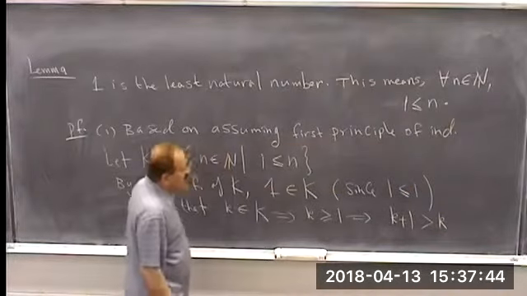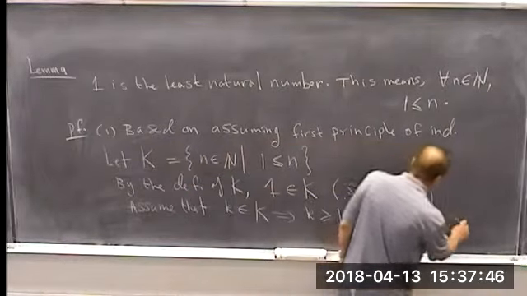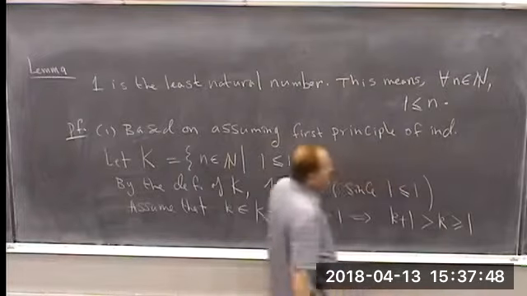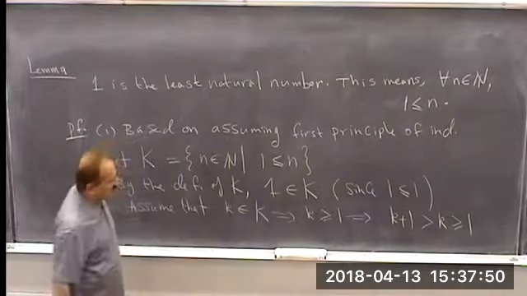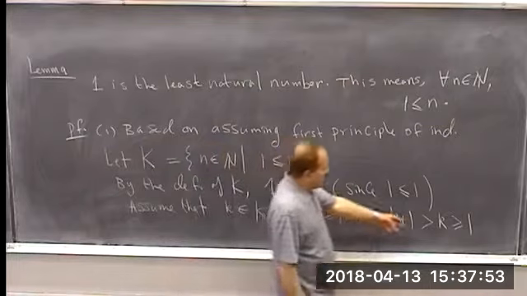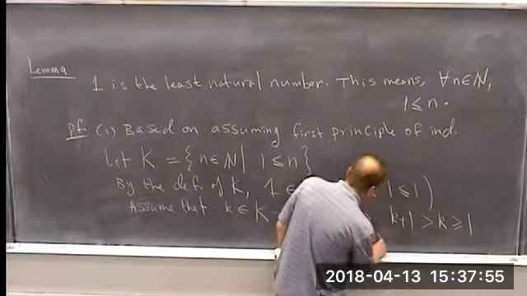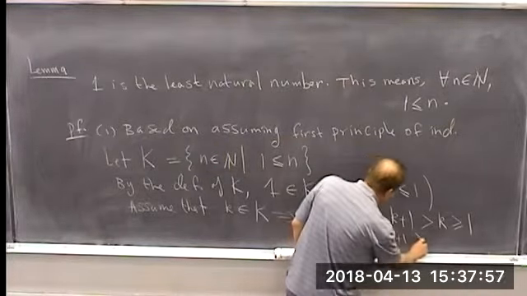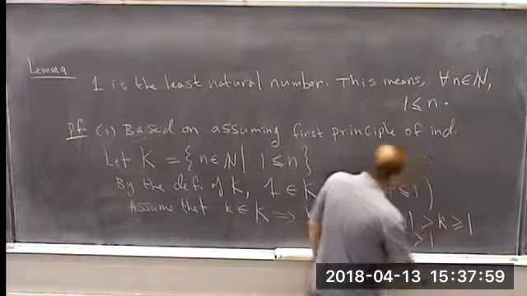All right? And k itself is bigger than or equal to 1. And by the transitive property, k plus 1 is strictly greater than 1.